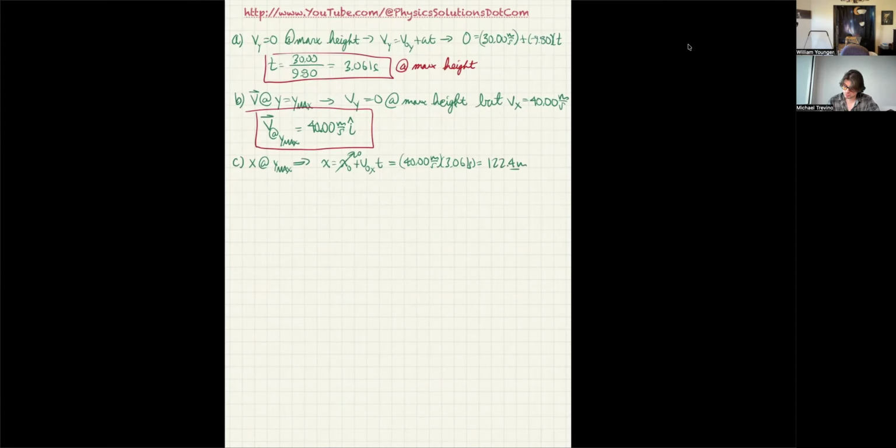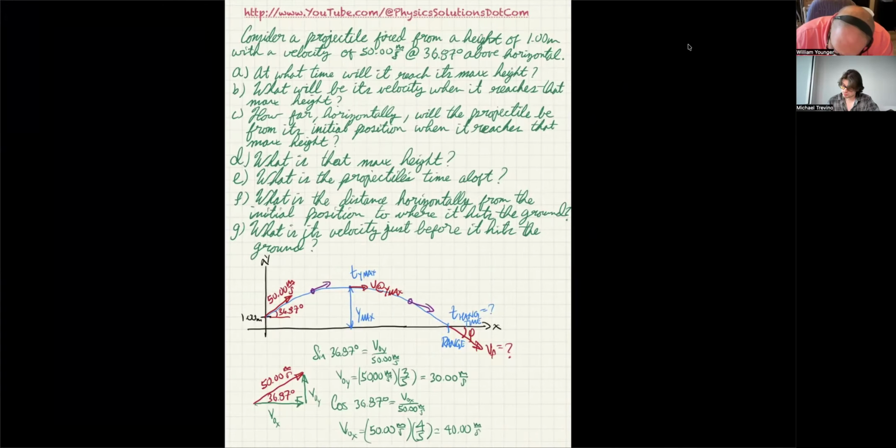Of course, you can obviously go ahead and calculate that yourself, but we really didn't need to, so that's why I just used that number. So 122.4 meters will be how far it is horizontally from the place where it was fired. So if I go back on the diagram, what that means is this distance is 122.4 meters from here to here.